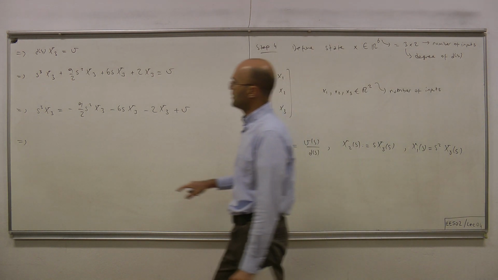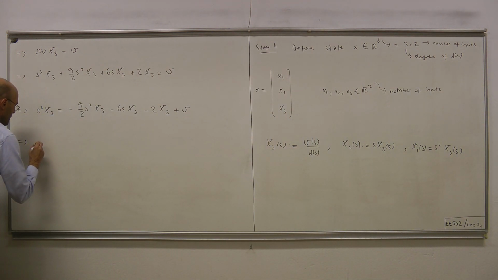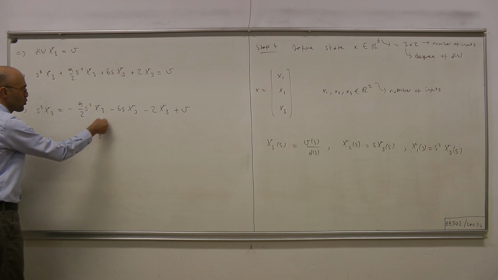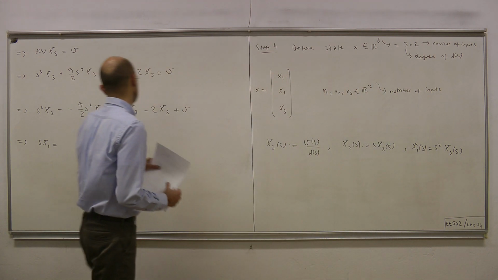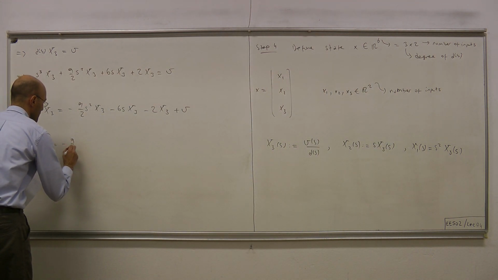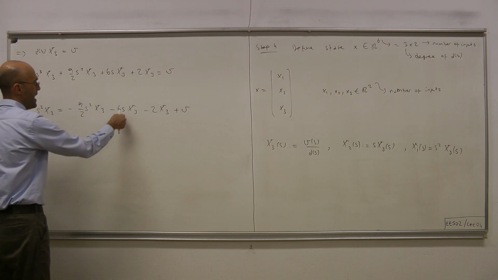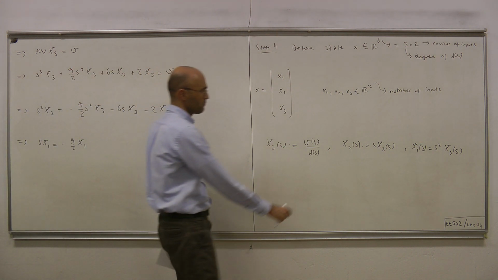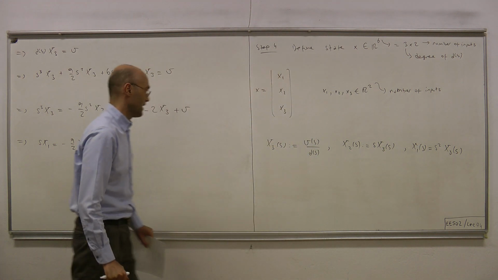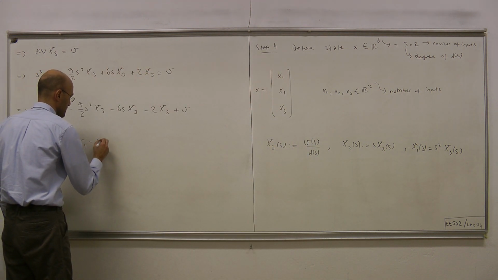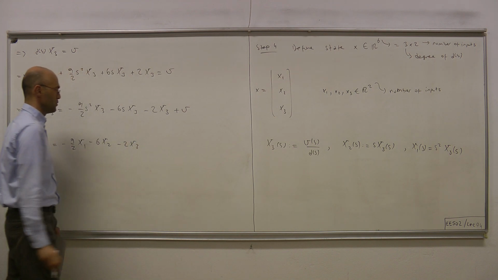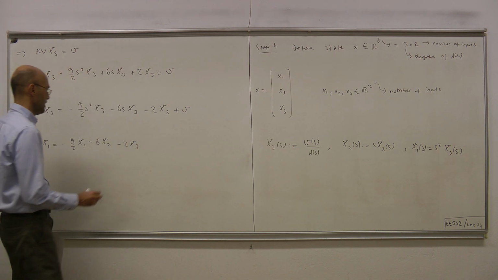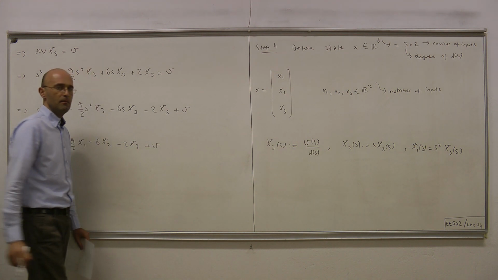So this thing we can write as s times x1 equals. Okay. S squared x3 is x1, so we have minus 9 over 2 x1. S times x3, by definition, is x2. So we have minus 6 x2, and we have minus 2 x3 plus the input u.